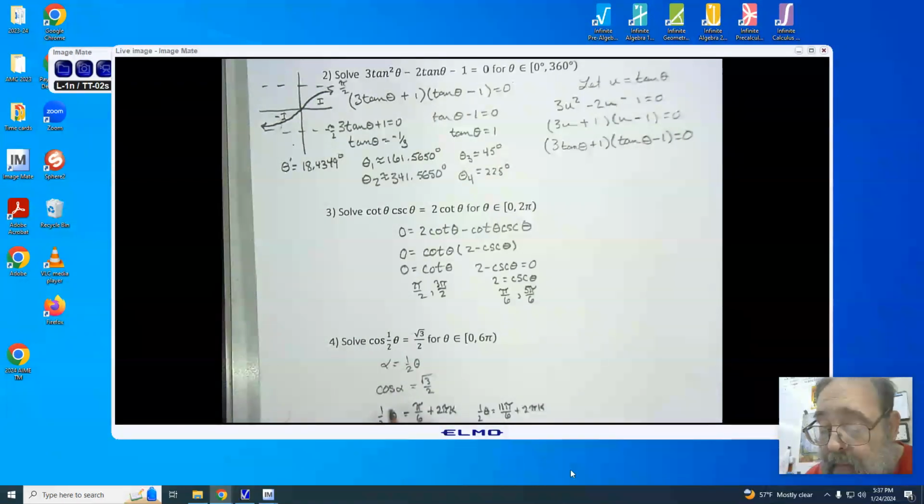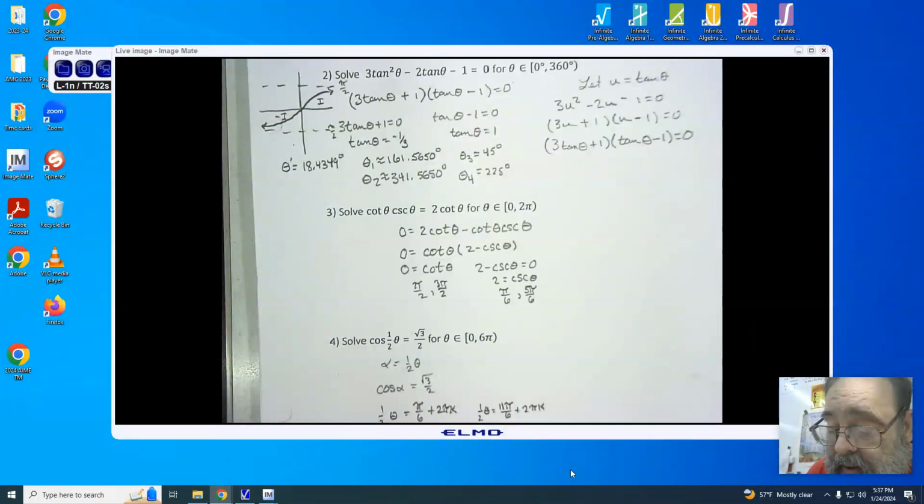Notice that I'm going to multiply everything by 2, so that I find that theta is pi over 3 plus 4 pi k. The other one will be theta equals 11 pi over 3 plus 4 pi k.